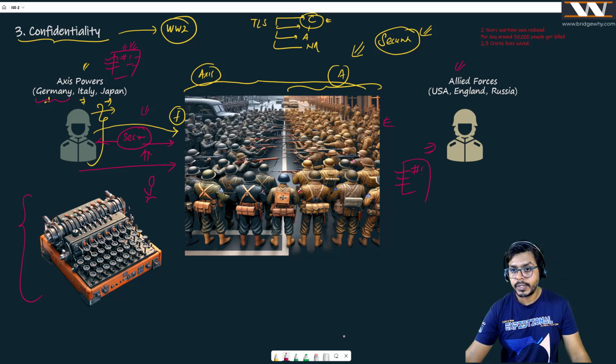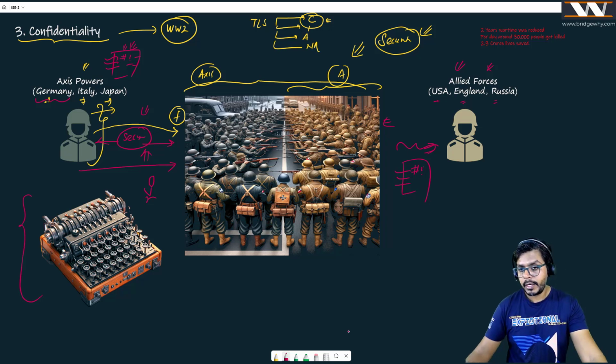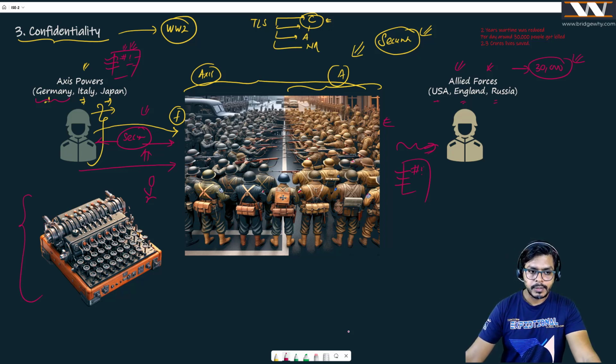If the Allied forces, meaning USA, England, and Russia, could read all these messages, they would know in advance from where the next attack would happen. Interesting, right? Try to understand the value of security. I think there is a calculation that every day approximately 30,000 people were losing their lives in the Second World War. So what happened?